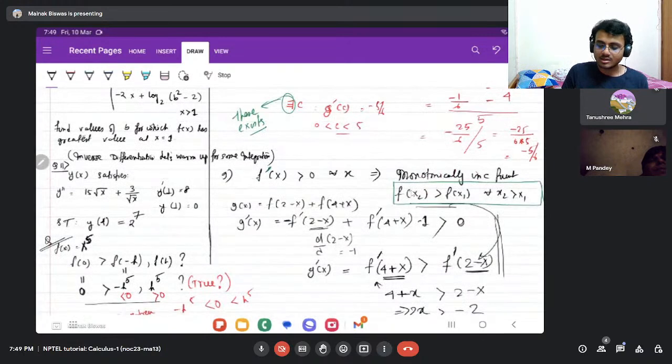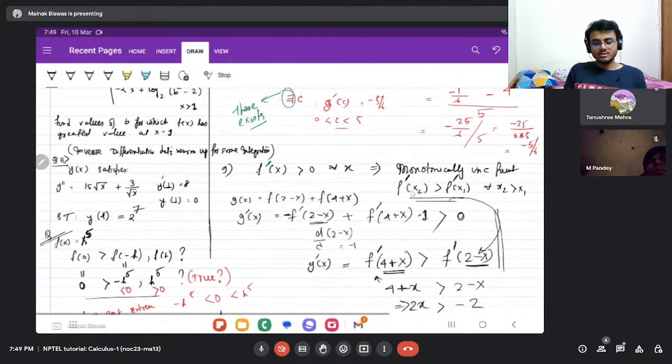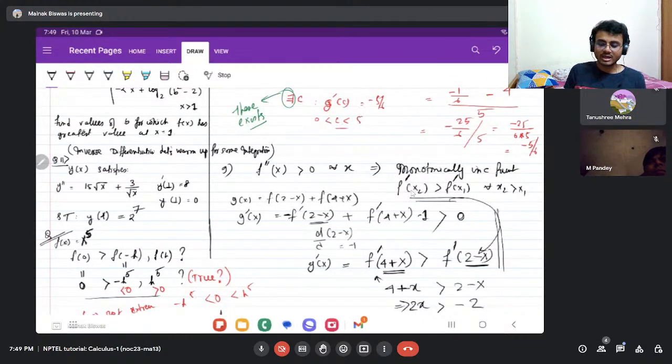So if f double dash x is greater than 0, your first derivative is monotonically increasing, right? That's why I forgot. Yeah, now I remember. So your f double dash of x is greater than 0 means f dash x is monotonically increasing, right?